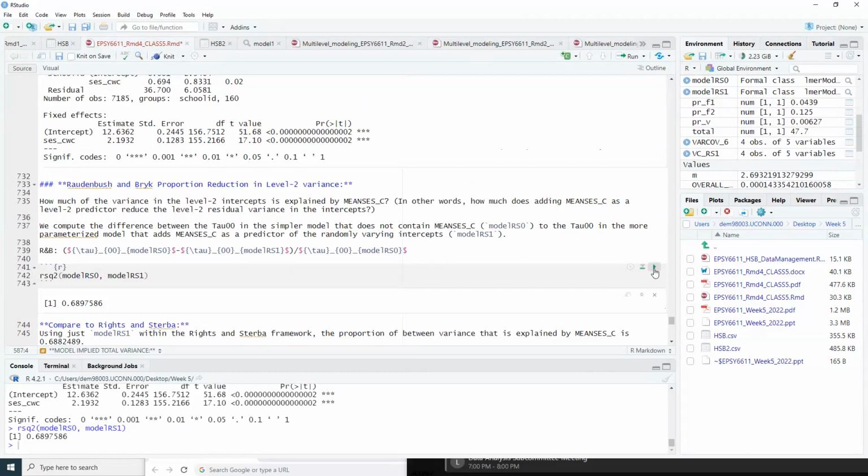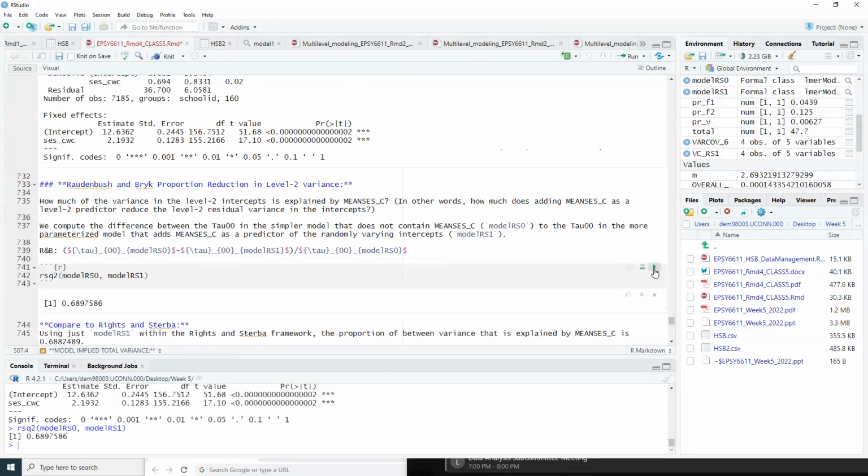It's just tau naught for the baseline model minus tau naught for the fitted model, divided by tau naught for the baseline model. So the tau naught goes down substantially. Basically, we're explaining 69% of the between school variability in math achievement using the SES of the school.